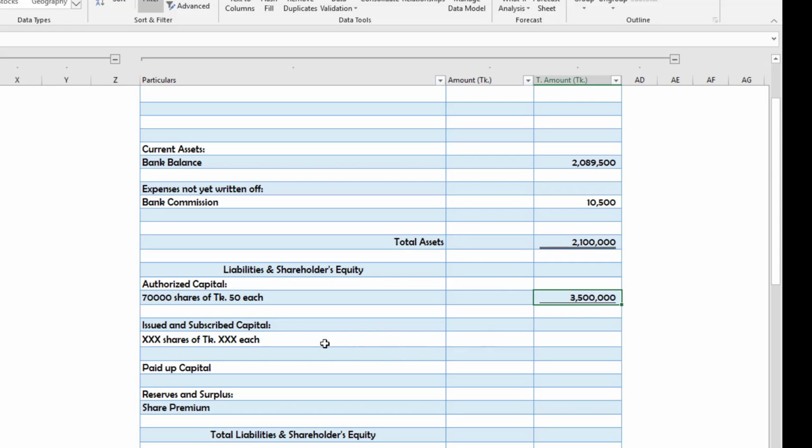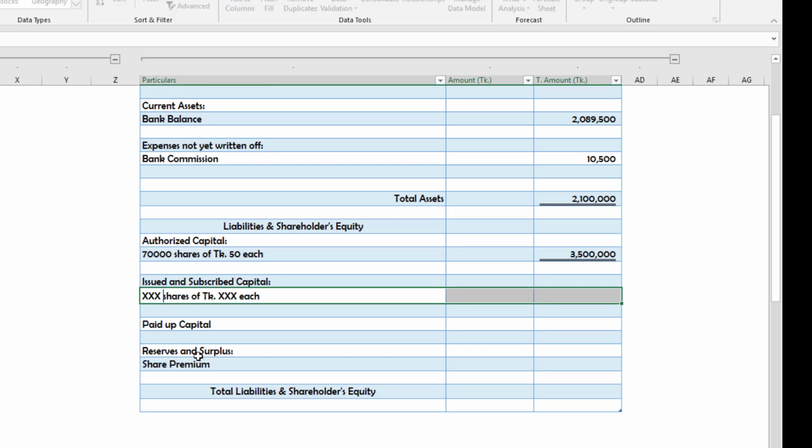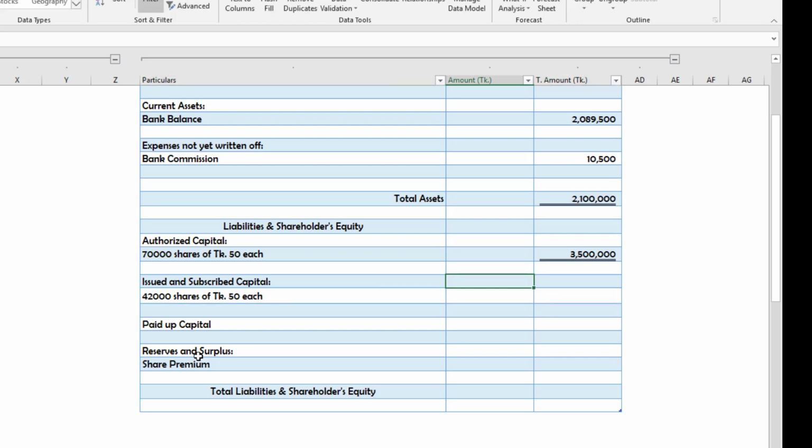Here you can write 42,000 shares of taka 50 each, and this is 42,000 times 50, which is 21 lakh.